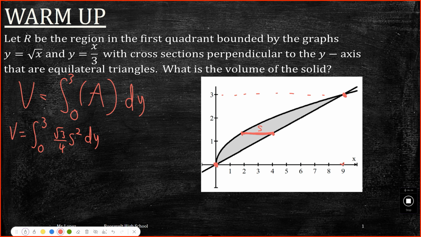So here x equals 3y, times it by 3. x equals 3y, so this will be 3y. And this one, solve for x, square it: y squared. So it's going to be 3y minus y squared.